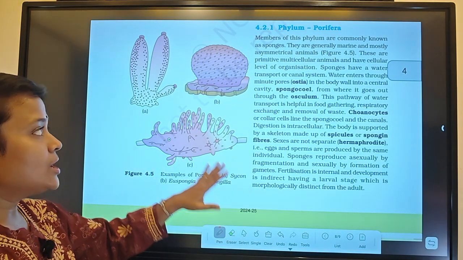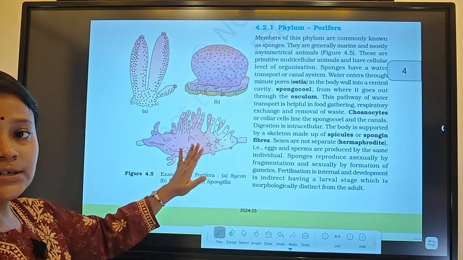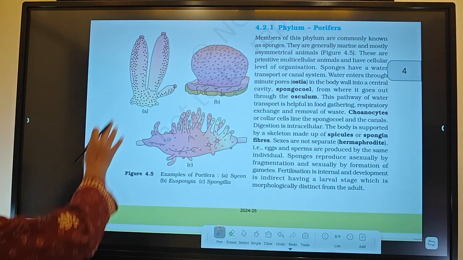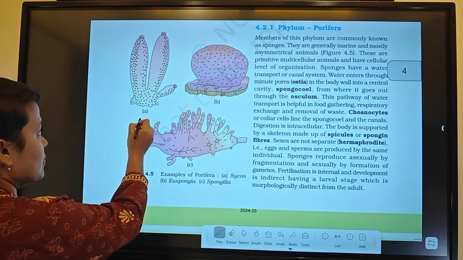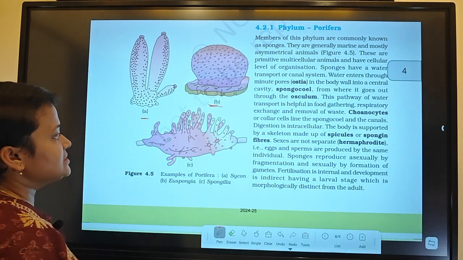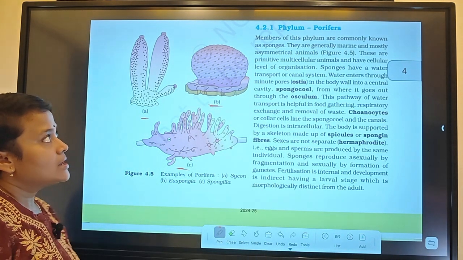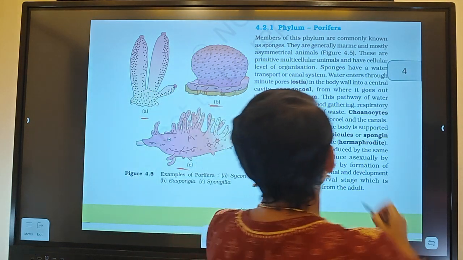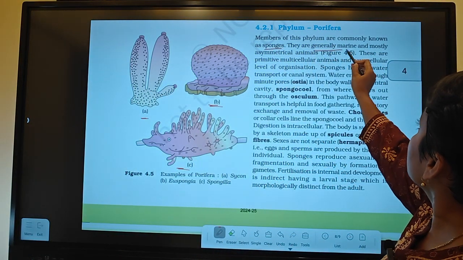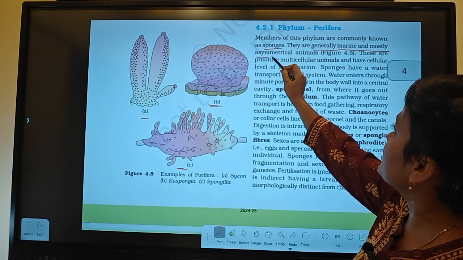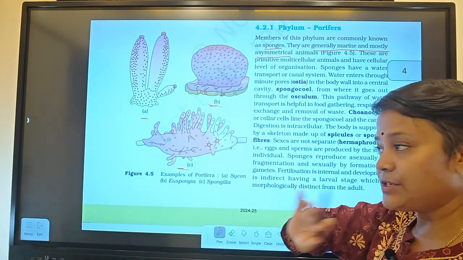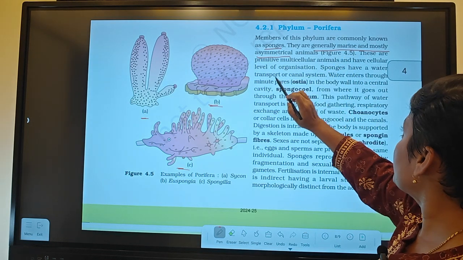Let's have a look at what is given in the NCERT. Here they have given 3 diagrams. We have already seen the Scypha, right? And this is bath sponge or Euspongia and this is Spongilla. Members of this phylum are commonly known as sponges. They are generally marine, mostly asymmetrical. We have learned the radially symmetrical ones and freshwater sponges.